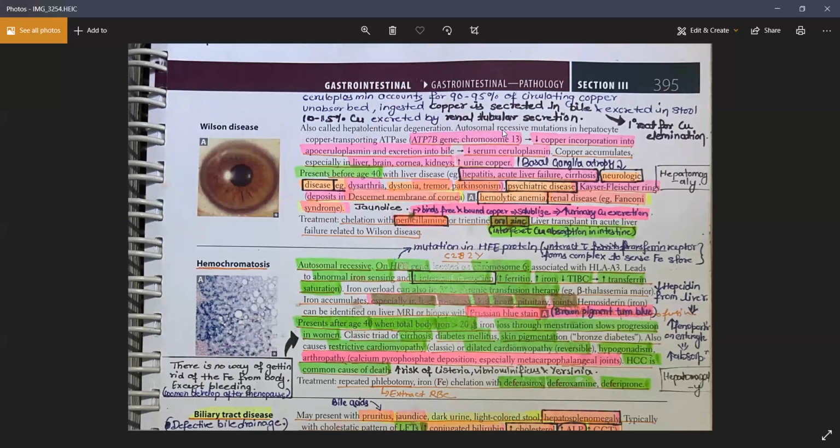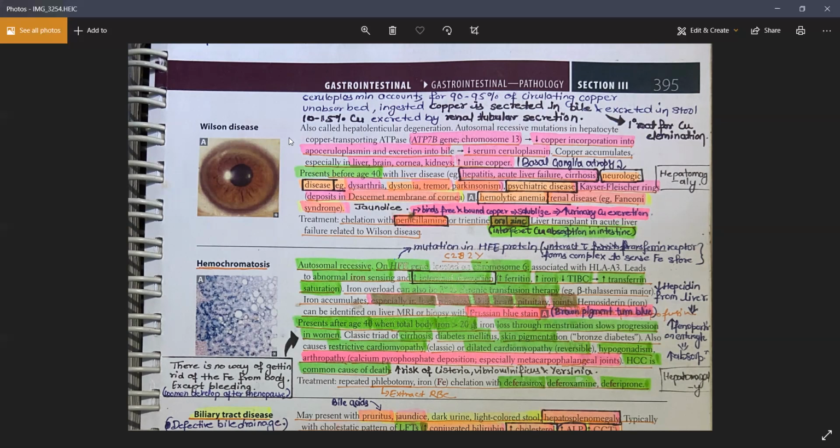It is an autosomal recessive mutation in the hepatic copper transporting ATPase, a very important ATPase. The function of this ATPase is to incorporate the copper into the apoceruloplasmin, so that the copper could be transported into your body. Remember, you have transporters for the ions. In case of iron, you have transferrin. In case of copper, you have ceruloplasmin, right?